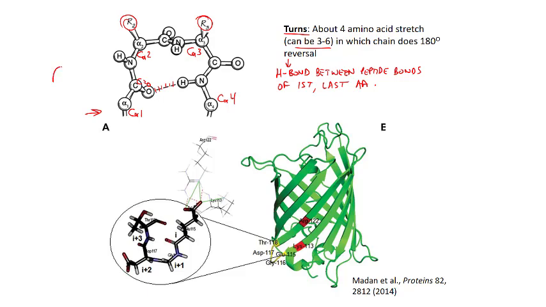So what we have is something that looks kind of like this, with a hydrogen bond sort of capping it in place. And it does a more or less 180-degree turn. So turns are oftentimes seen between two strands of an anti-parallel beta sheet.